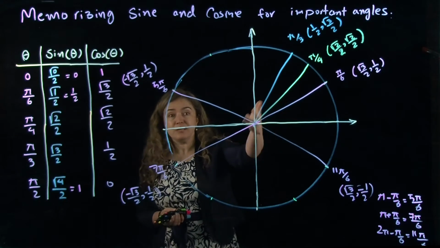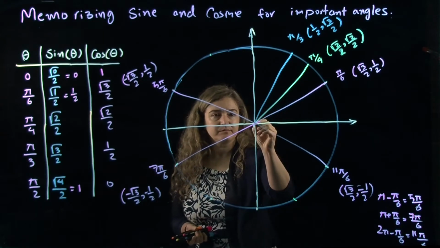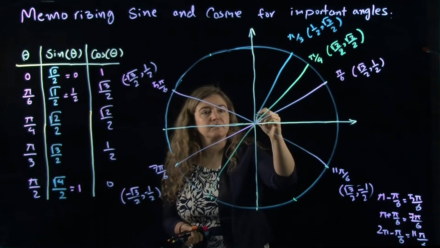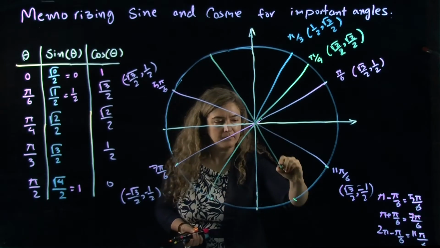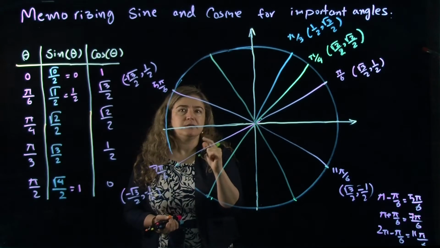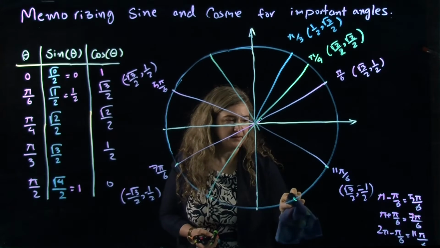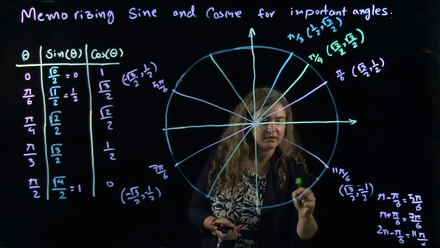Now, let's do this for pi fourth. Let's calculate, that was an error. Pi fourth should be somewhere in the middle of each quadrant.